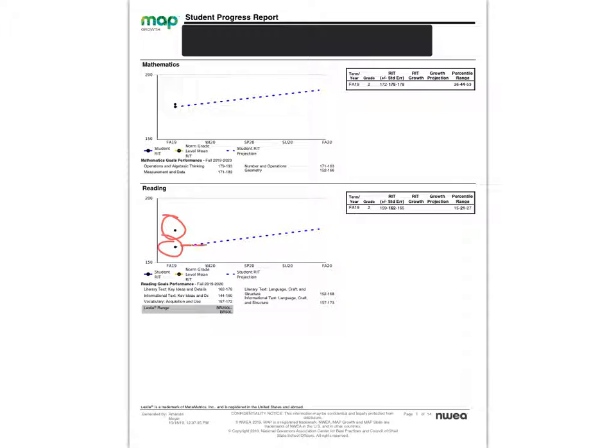But coming out of their score data point is a projection line. So again, the MAP test is predicting growth for that student over time. However, we don't have any more data than that, so we can't give them a line like you saw in the other ones, a blue line or a yellow line to show growth over time.